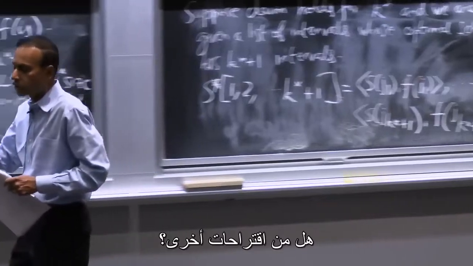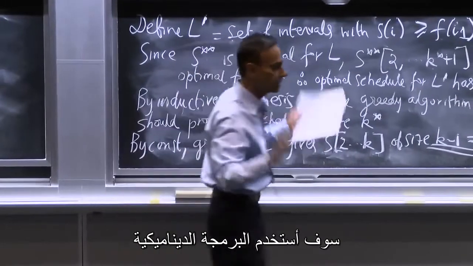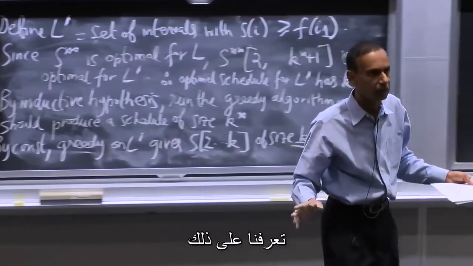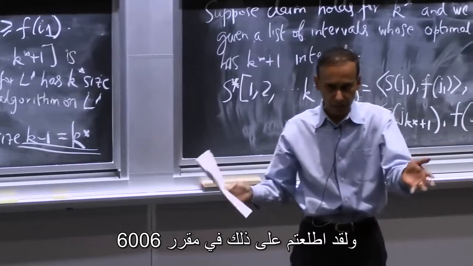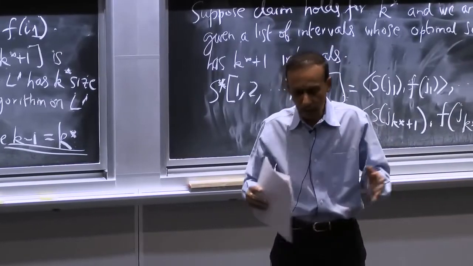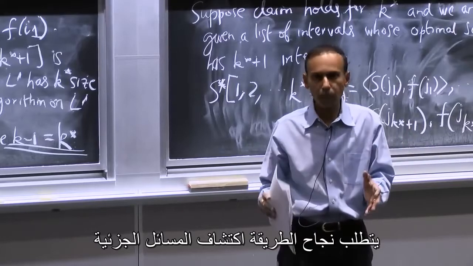Right. So anybody else? So what I want to use is dynamic programming. We've established that. And with dynamic programming, you have some experience with that in 006. The name of the game is to figure out what the subproblems are.